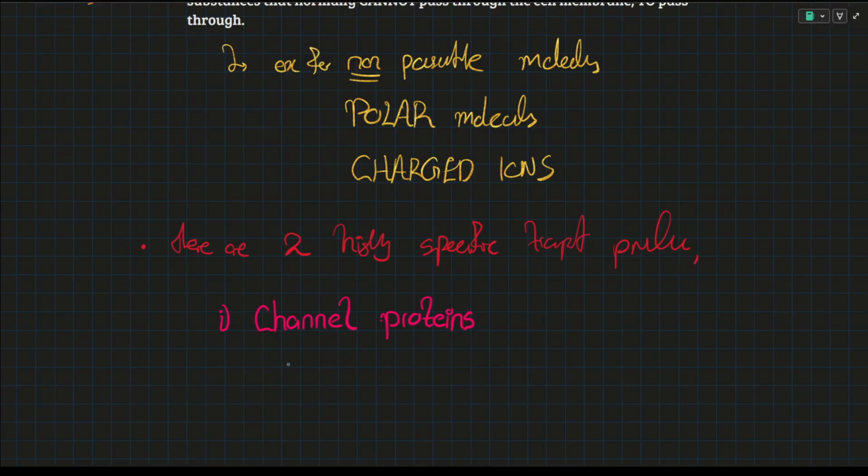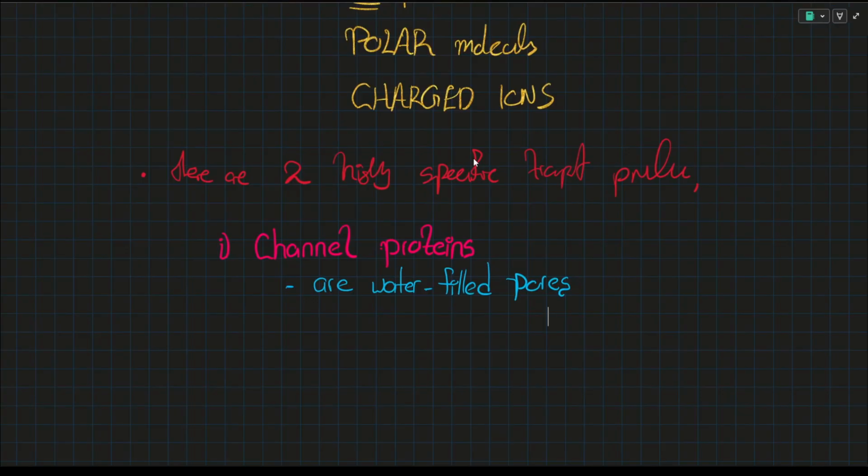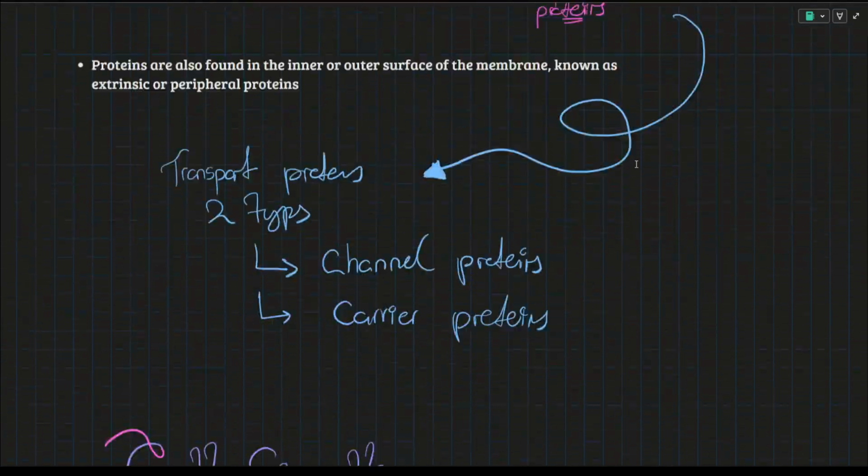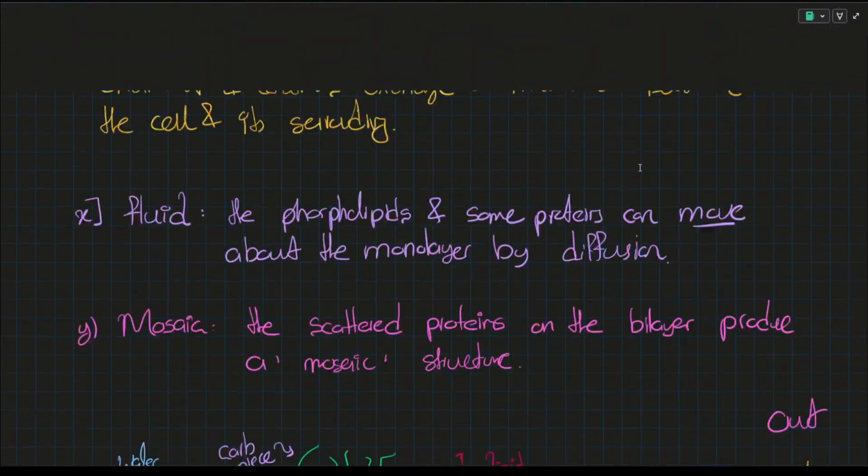A small information segment about channel proteins. Channel proteins are simply water-filled pores. That's why hydrophilic molecules, like polar molecules and charged ions, can freely pass through channel proteins. I showed you a channel protein before from the membrane structure.